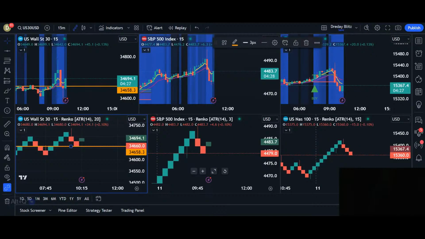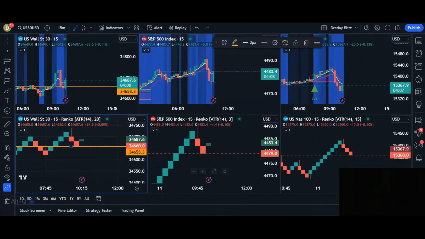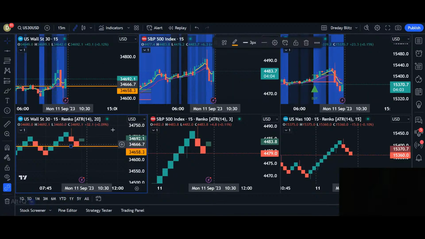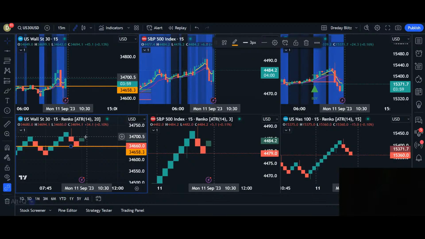The first trade stopped us out, and now for the buy signal we're just going to wait. It's not showing a reversal here on the Renko bars. We do see that right now it's grayed out, going up.